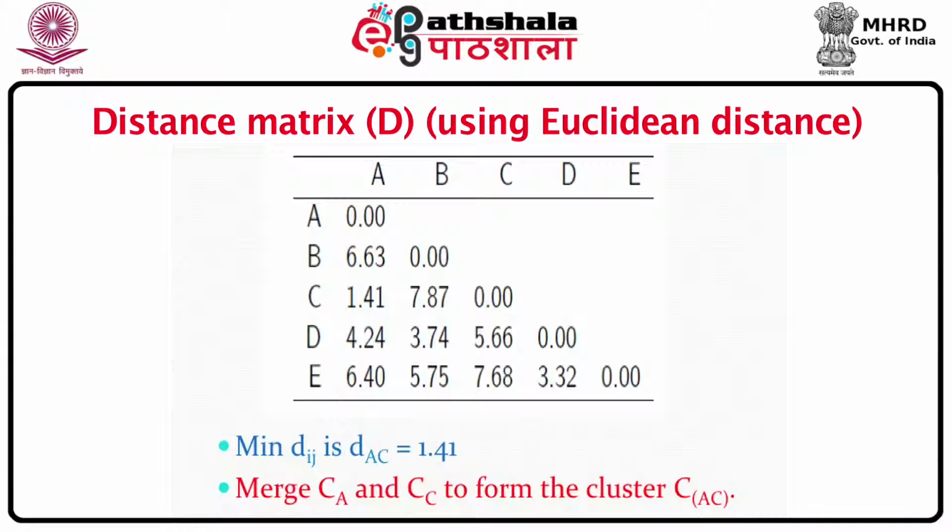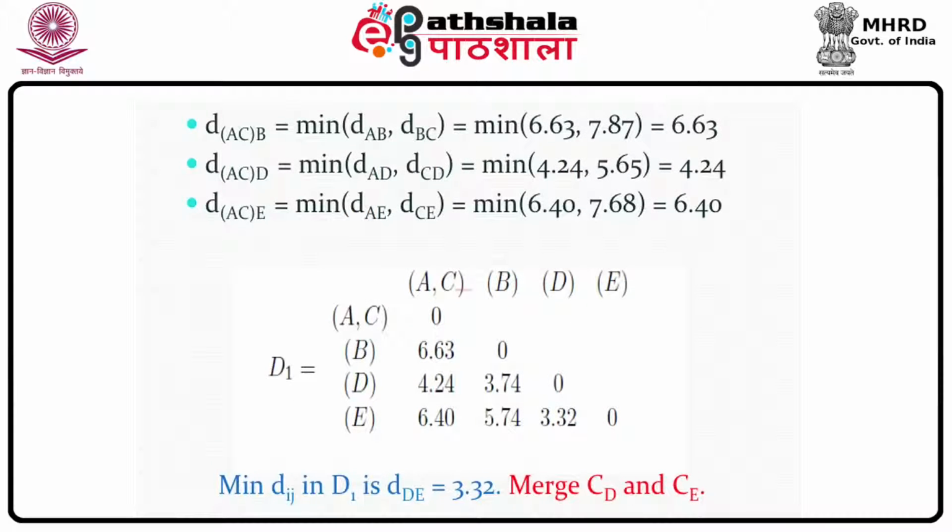Hence we merge these two clusters, CA and CC, to form a cluster CAC, which consists of 2 elements, A and C, now. So instead of 5 clusters, now we have 4 clusters. One is AC, the second is B, the third is D, and the fourth is E. Again, we find the distance between each of these clusters, and now we use the single linkage method.